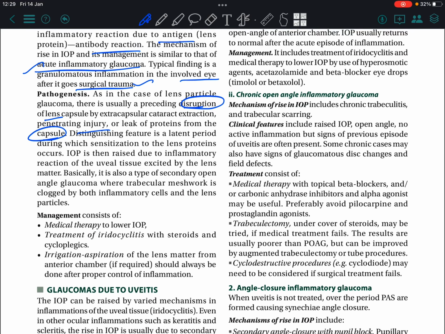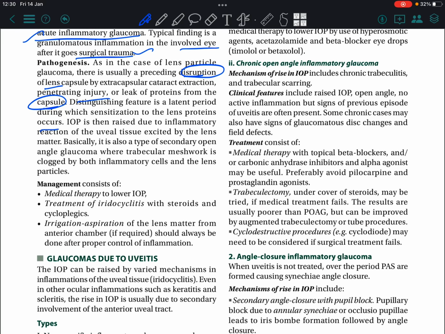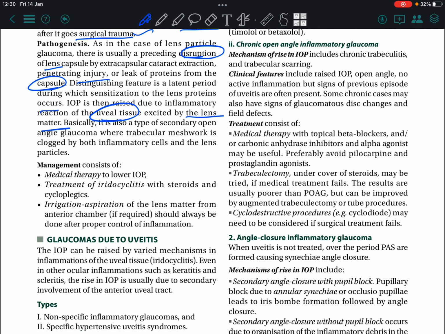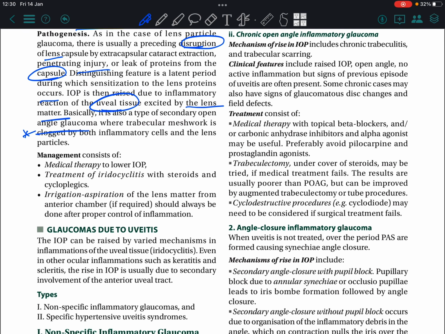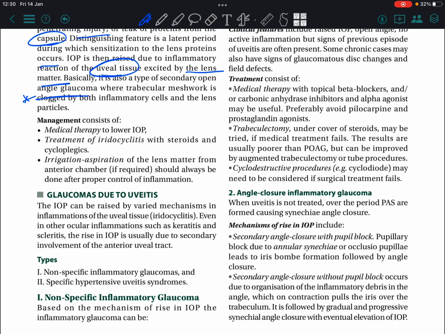A distinguishing feature is a latent period during which sensitization to lens protein occurs. IOP is then raised due to inflammatory reaction of uveal tissue excited by lens matter. Basically, it is also a type of secondary open angle glaucoma where the trabecular meshwork is blocked by both inflammatory and lens particles. Management: medical therapy to lower IOP, treatment of iridocyclitis with steroids, and irrigation aspiration of lens matter from the anterior chamber.